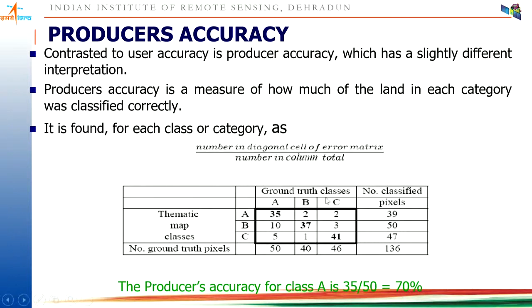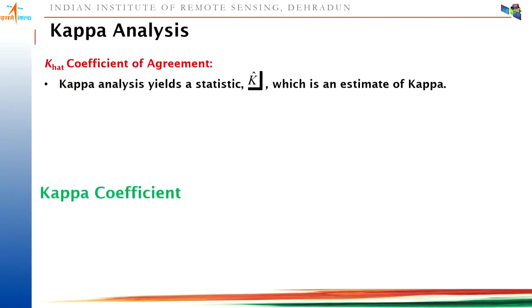He has the ground truth classes along with him, and he wants to know that in reality 50 sample points should have been classified as A, out of which only 35 got classified as A. So 35 divided by 50 becomes the producer's accuracy for class A. Like this you can calculate user's accuracy, producer's accuracy, and overall accuracy for different categories.